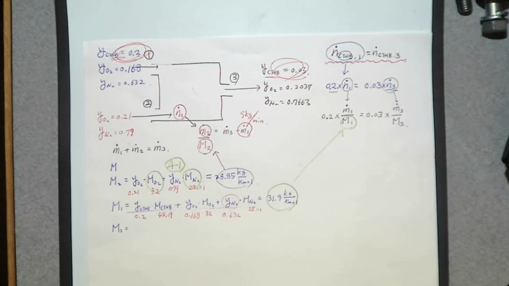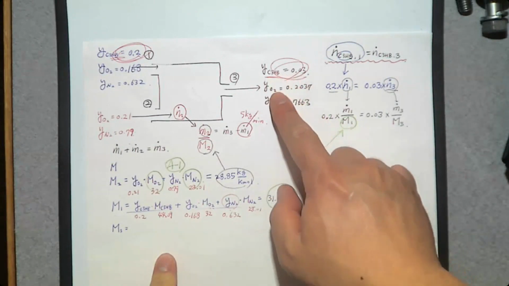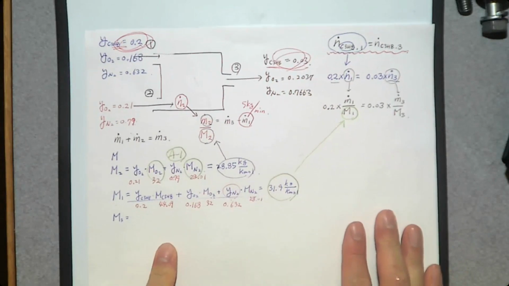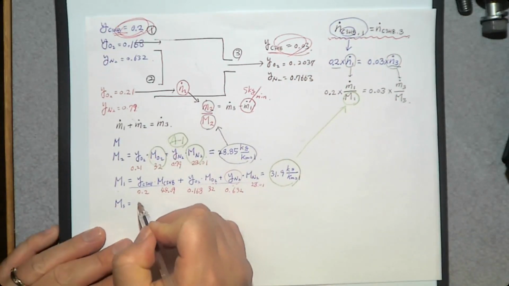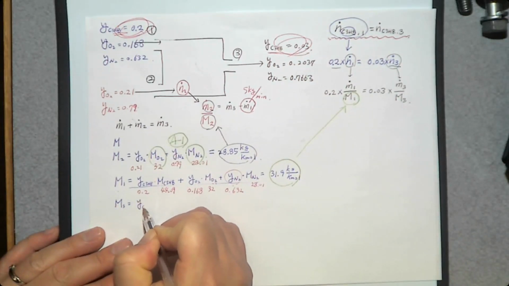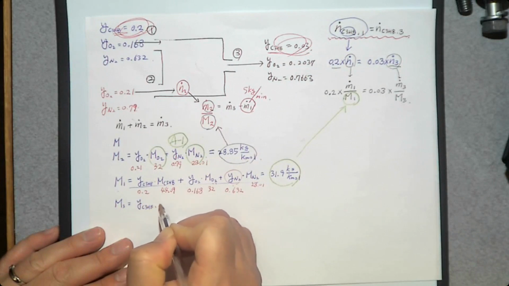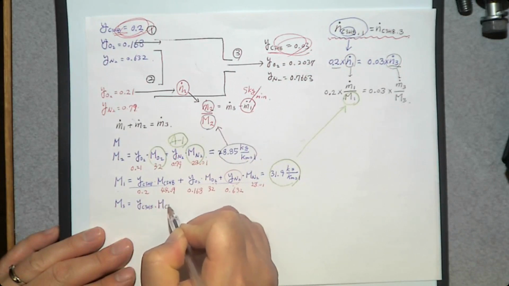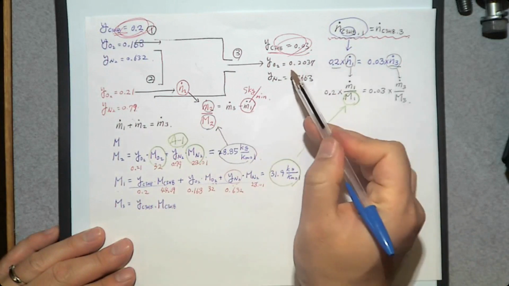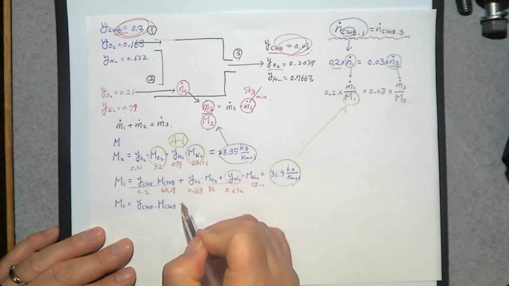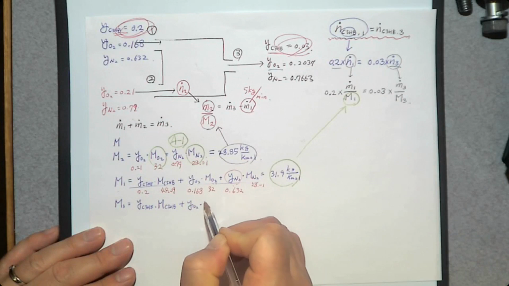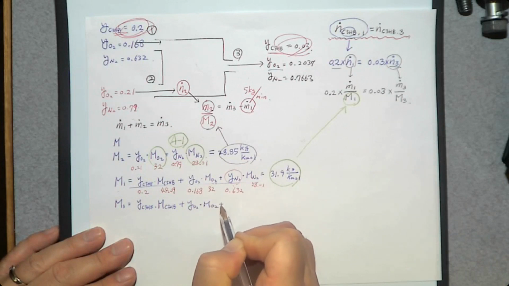Then let's determine M3, the molecular weight at the exit number 3. What do we have? We have propane, oxygen, and nitrogen. So the equation is the same. Propane first, Y of propane, M of propane, and the second component, oxygen, Y of oxygen times molecular weight of oxygen plus.